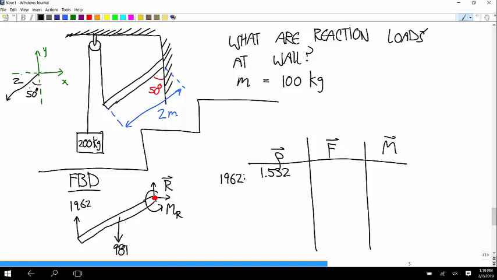Anyone have a calculator? Negative, and this one is negative 1.286. 0 for Z.